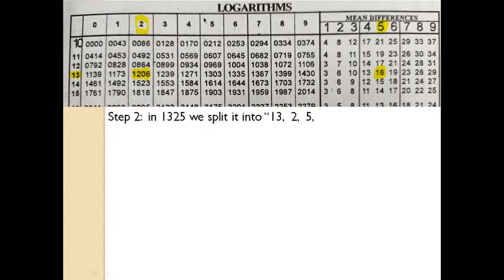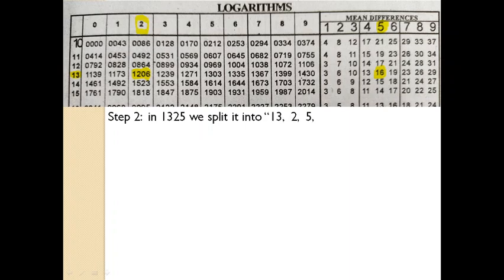Next, this is how a logarithm table looks like. It starts with 10 and it ends at around 99. For the time being, I am just selecting only the first part, because here we have selected 1325 and we have split it into 13, 2 and 5. Why did we select the first 2 digits as the first part?